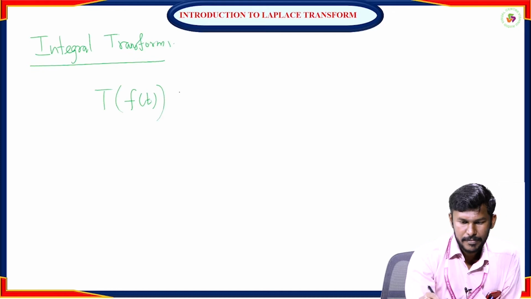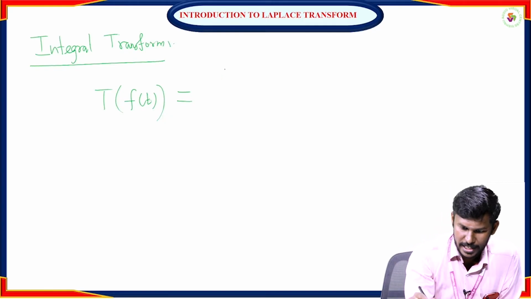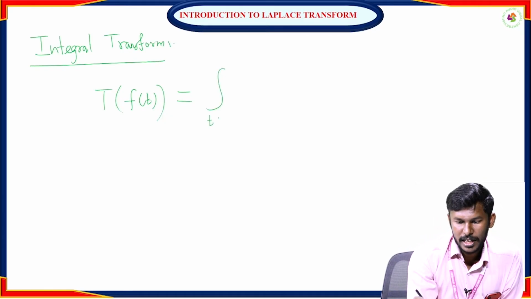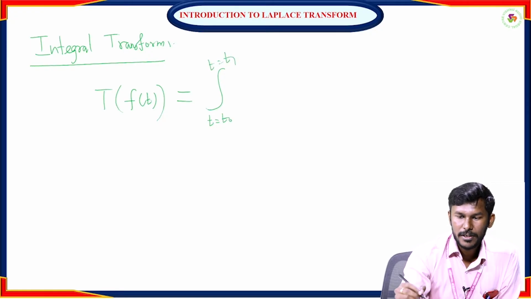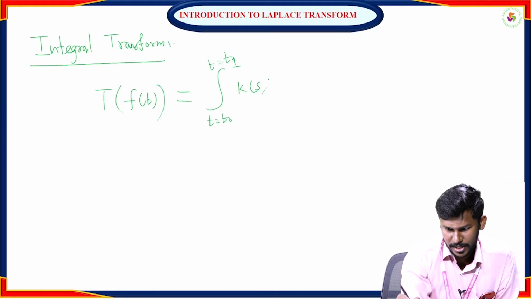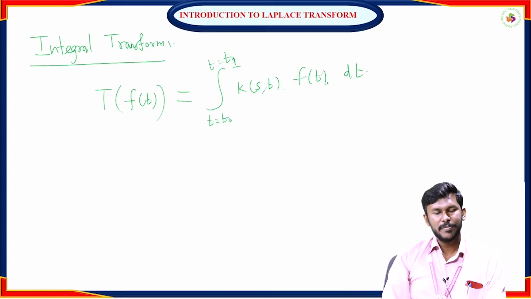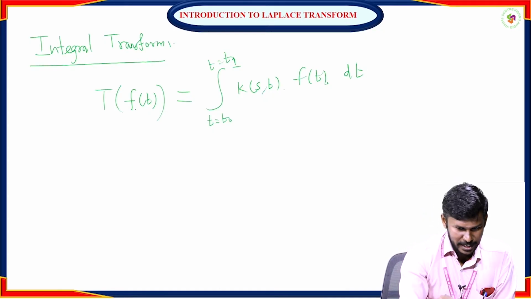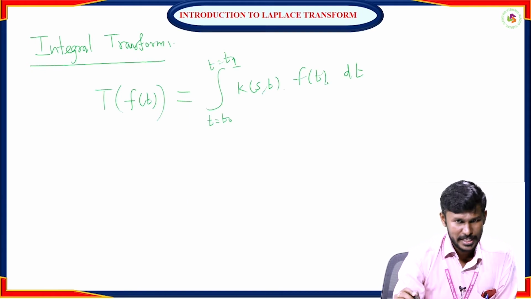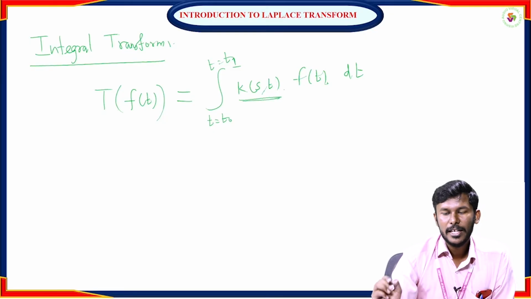The definition is: the integral with limits t from t0 to t1 of K(s, t) times f(t) dt. So for any given function f of t, I do one integral operation with limits from t0 to t1 and multiply by K, a function of s and t, into the given function f of t into dt.